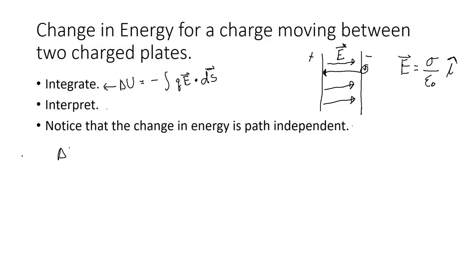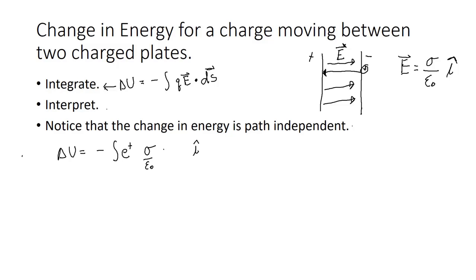Okay, so we start out with our equation. Our change in potential energy between the two plates is going to be the negative of integral Q, and in this case, let's say we're going to move a proton. So the positive fundamental charge times E, which in this case is sigma over epsilon naught in the positive i direction.